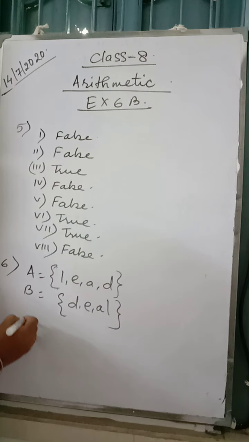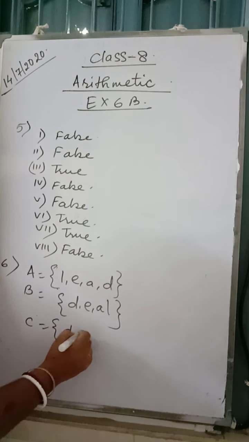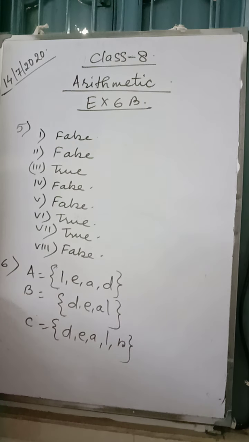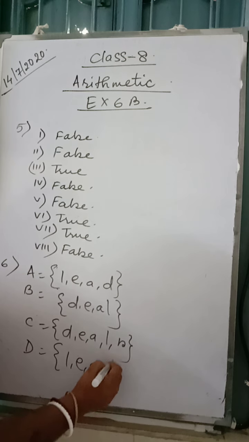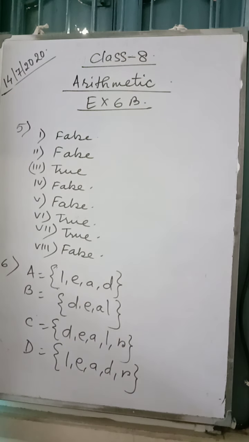And C is the set of letters of dealer, D-E-A-L-R. D is the set of letters of the word leader, L-E-A-D-R. Now, write the given sets in roster form and state whether each of the given statements is true or not. All the sets I have written in roster form.